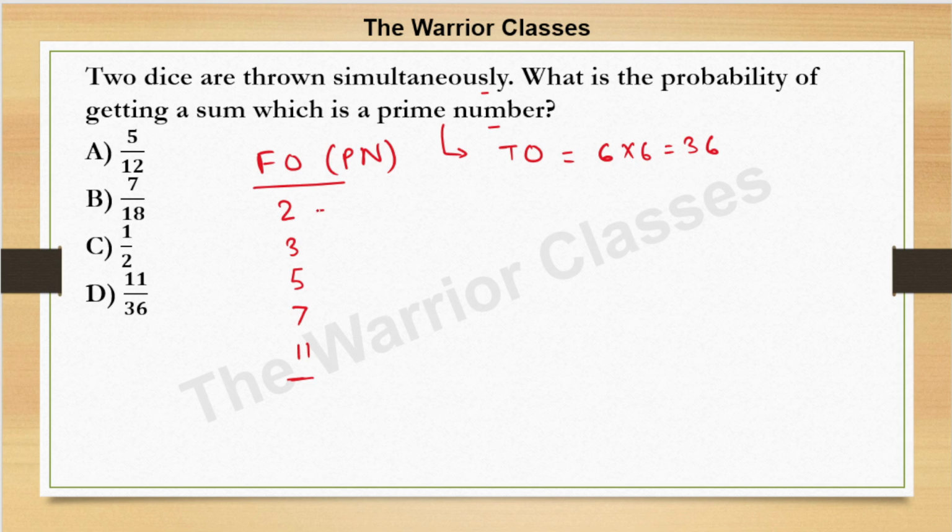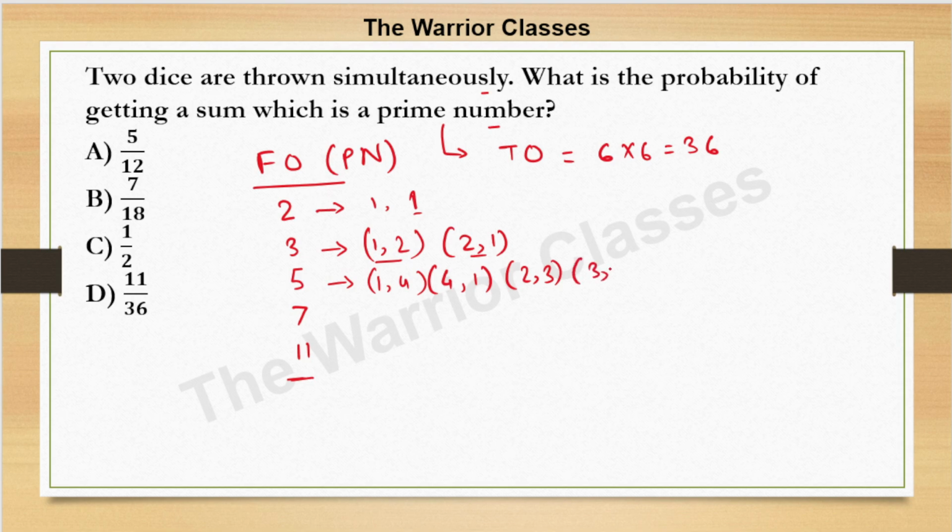Now for sum 2, the dice should be 1 and 1, and for 3 it should be either 1 and 2, or similarly 2 and 1, the sum of these 2 becomes 3. Now for 5, this will be either 1 and 4, or 4 and 1, next 2 and 3, or 3 and 2, right?